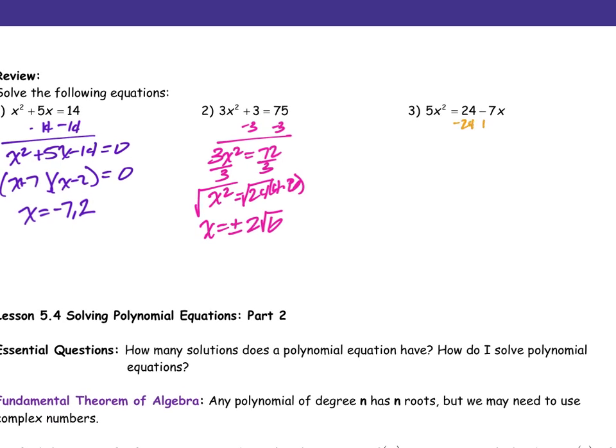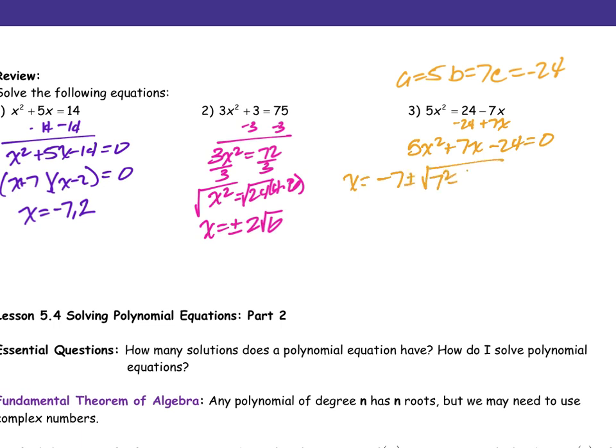subtract 24, add 7x. So I get 5x squared plus 7x minus 24 equals 0. So a equals 5, b equals 7, c equals negative 24. x equals negative 7 plus or minus the square root of 7 squared minus 4 times 5 times negative 24, all divided by 2 times 5.